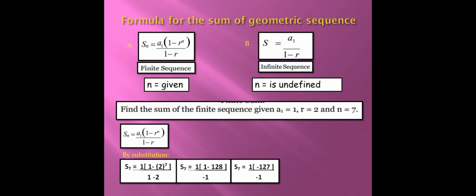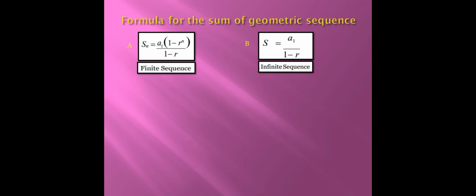So we have this solution now. So over negative 1, that become negative 127 over negative 1. So your S sub 7 therefore equals to 127. Okay, so that is for the finite sequence. Ganun lang kadali. No? Just substitute. The important concept there is you know how to substitute.